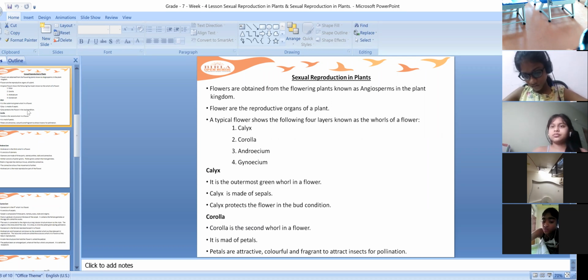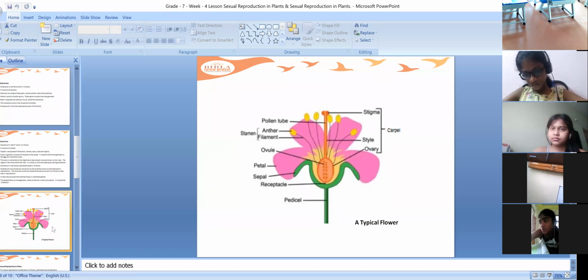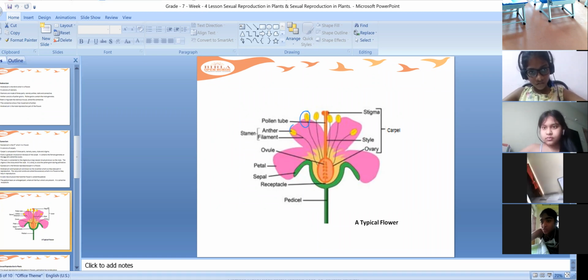When these insects come and sit on these flowers, you can see the small pollen grains.